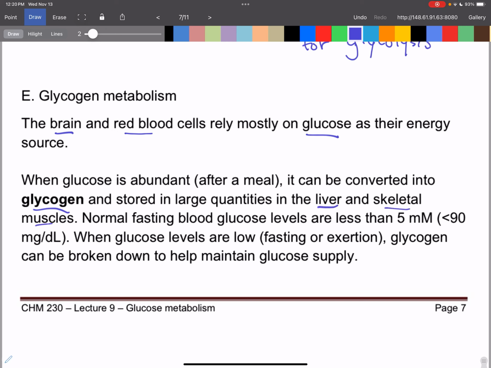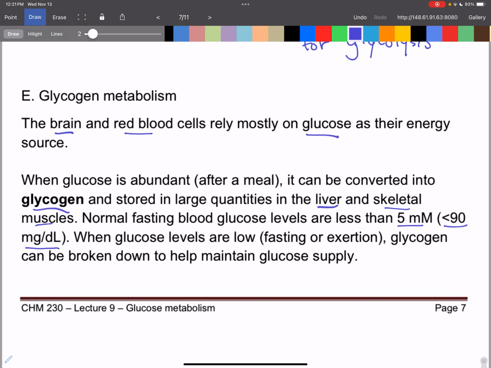For most of us, if we don't have diabetes and we're fasting, meaning we've had 8 to 12 hours or so without a meal, our blood glucose levels are generally less than 5 millimolar. But the units you're probably used to, if you've looked at blood glucose levels, are milligrams per deciliter, and somebody without diabetes or pre-diabetic would have that somewhere in the range of less than 90 mg per deciliter.